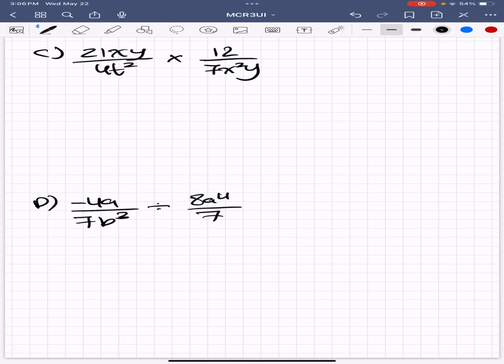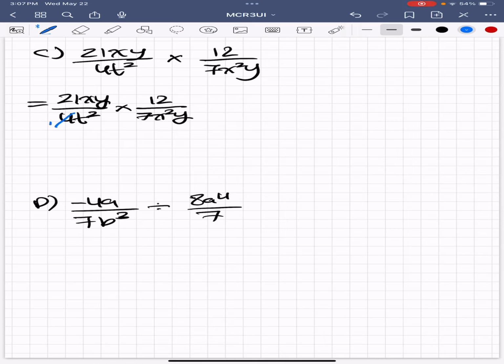Okay, so we have a multiplication statement, so there's no need to flip and multiply. And we're just going to rewrite them down here. Okay, blue will be the t and the 12, and red will be the x and y's.